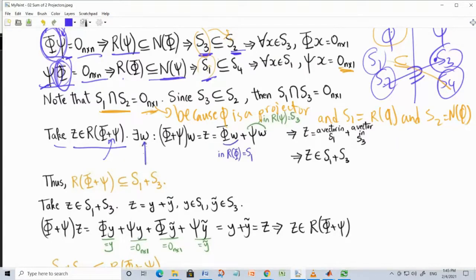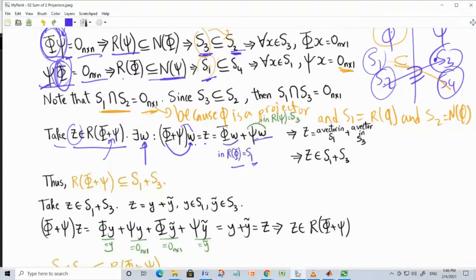Being in the range means that there is a vector w such that phi plus epsilon multiplied by w is equal to this vector z. So z is equal to phi w plus epsilon w. What is phi w? Phi w is a vector living in the range of phi, which is S1.